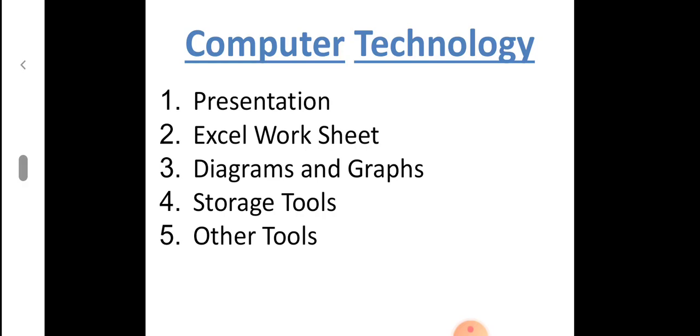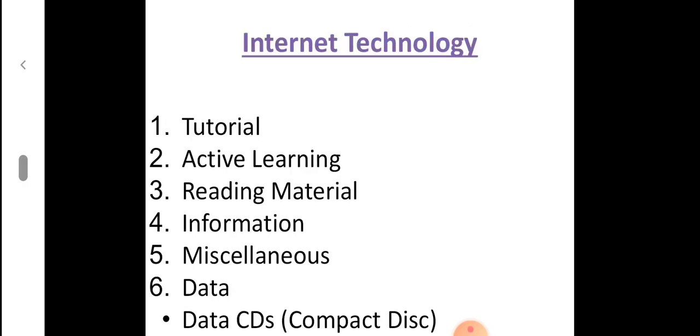Now, we discuss internet technology. Internet is another facility created by digital technology which all of us have used from time to time. The use of internet in economics can be summarized by these points. First is tutorial.